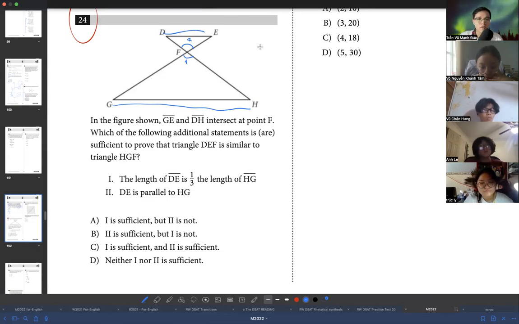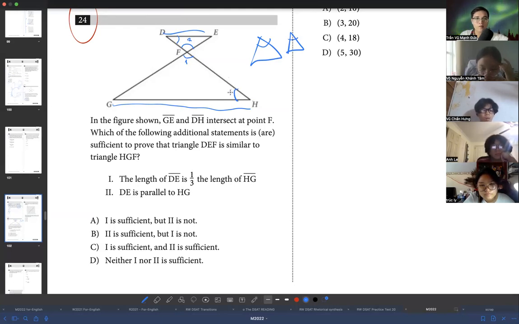If you have two triangles with the same angular value of only one angle, that won't be sufficient to be similar to each other. But in this case, you're going to have this also, this and this. These are the inner angles. These will also be equal to each other.